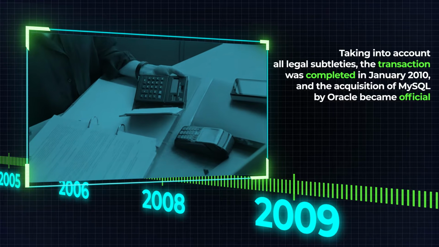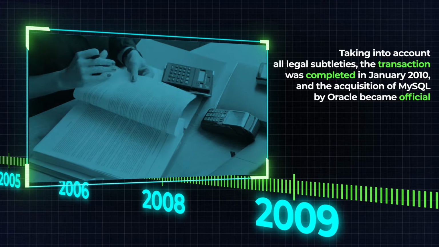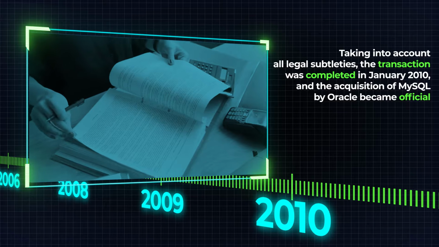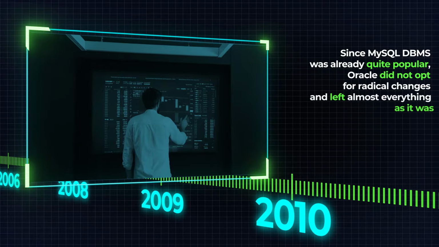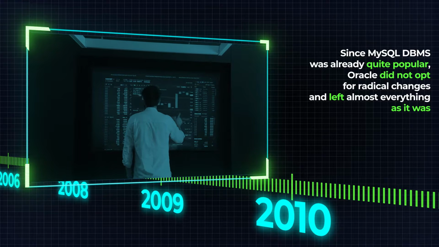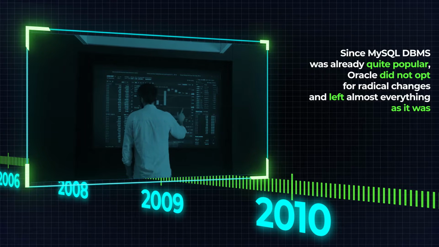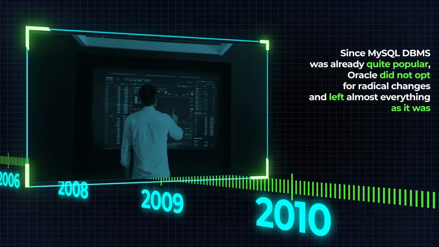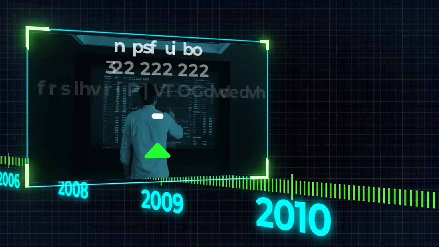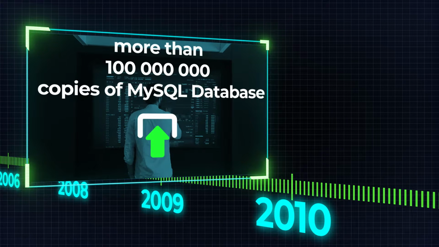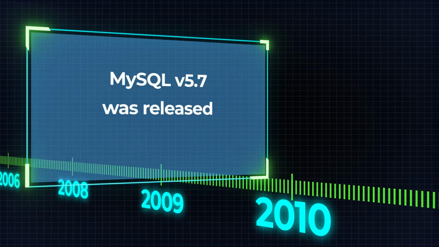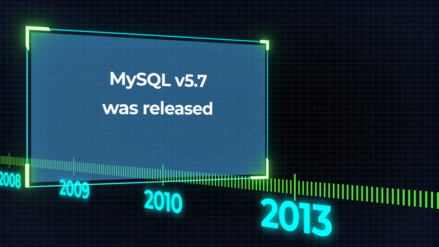Taking into account all its legal subtleties, the transaction was completed in January 2010 and the acquisition of MySQL by Oracle became official. Since the MySQL DBMS was already quite popular, Oracle did not opt for radical changes and left almost everything as it was. At the moment of purchase, more than 100 million copies of the MySQL database had been downloaded or distributed. MySQL 5.7 was released in 2013.